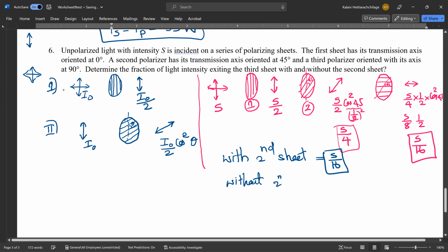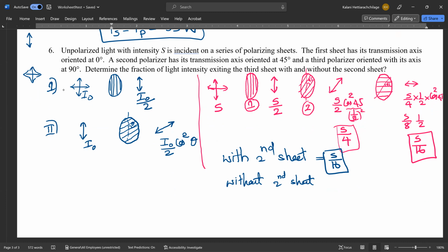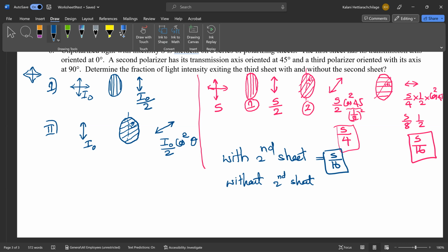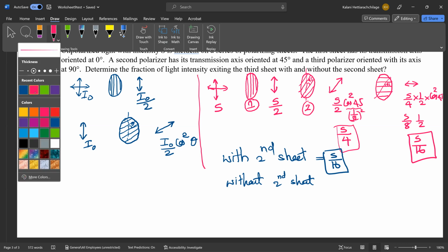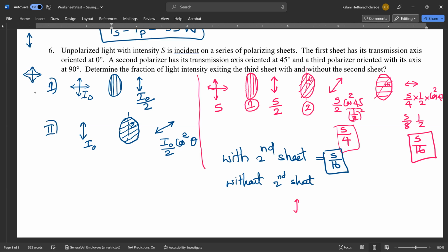Now, without the second sheet, what will happen? Let's redraw it. You have S over 2 incoming, there is no second sheet, and you go to the third sheet directly.